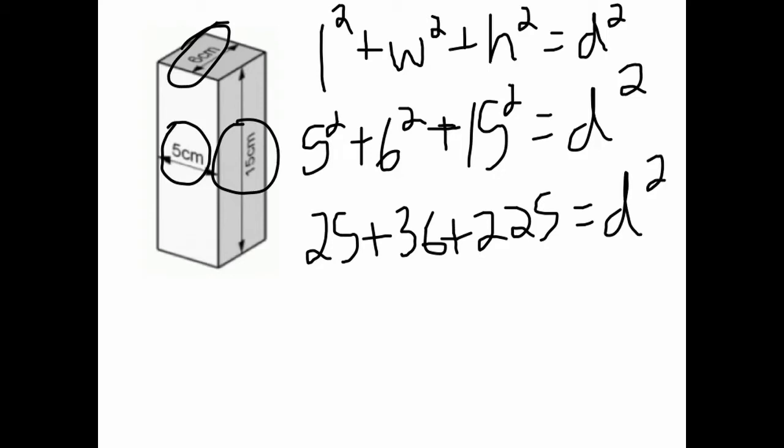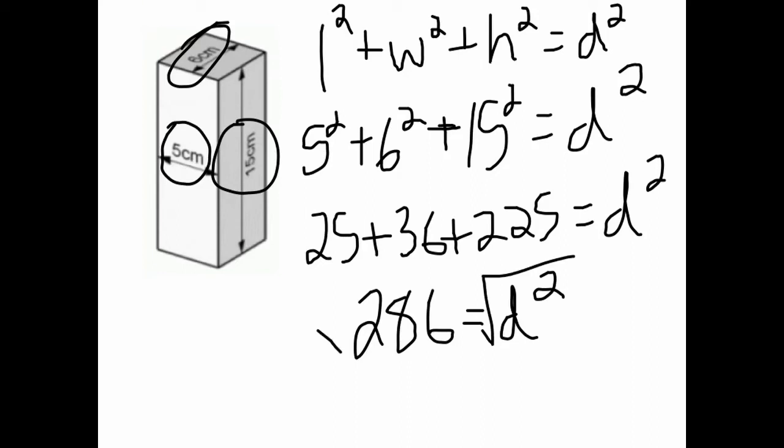Now, if I add all these numbers together, 25 plus 36 plus 225 will give you 286 equals d squared.